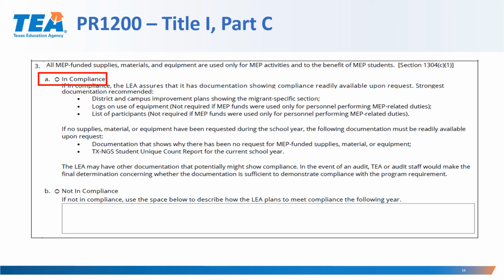In the event of an audit, TEA or the audit staff will make the final determination concerning whether the documentation is sufficient to demonstrate compliance with the program requirement. If the LEA indicates that they're not in compliance, they will have to provide a description of how the LEA plans to meet the compliance the following year in the box below.